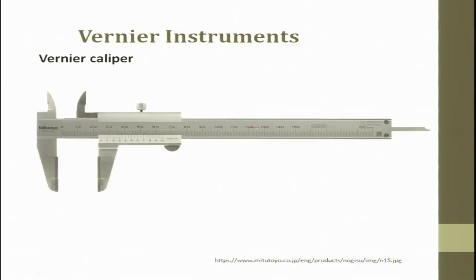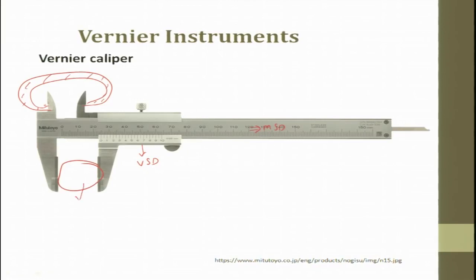So, this is the main scale reading and this is the vernier scale division. If you put a component here, this can be used for external and this can be used for internal features. For example, I can put a component something like this.